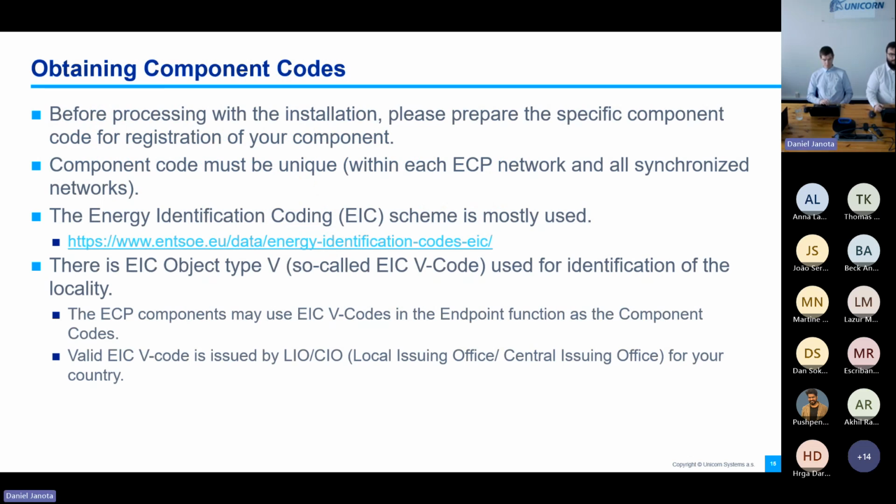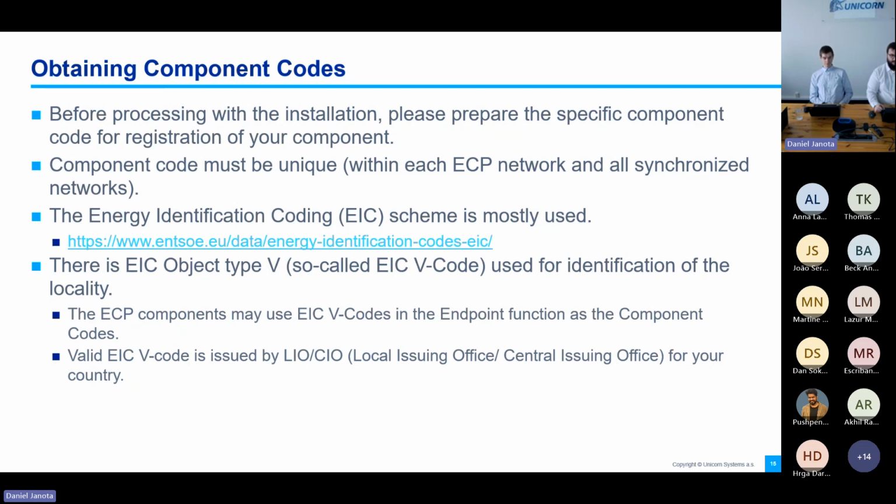Another thing you need to do before the installation, or more specifically registration, is to obtain the component code. This component code must be unique within each ECP network and all synchronized networks. Basically, we can't have duplicity within the network. The Energy Identification Coding, also known as the EIC scheme, is mostly used.